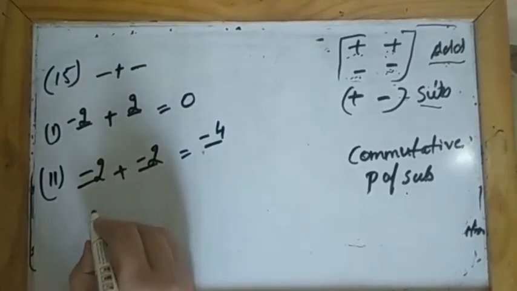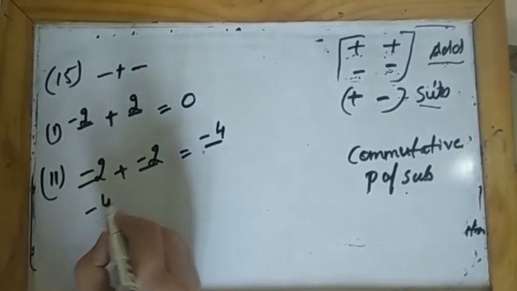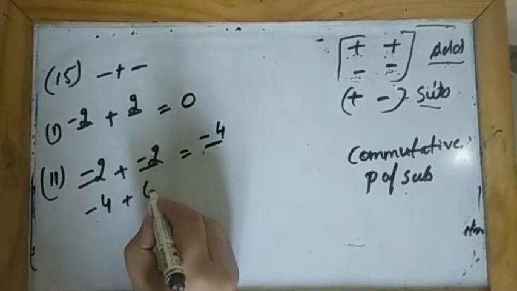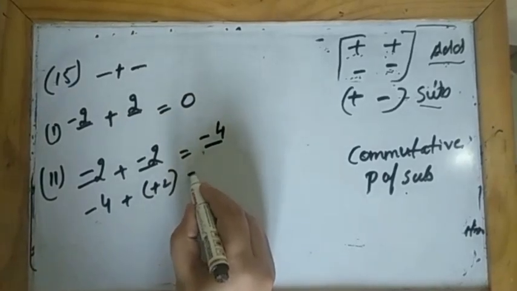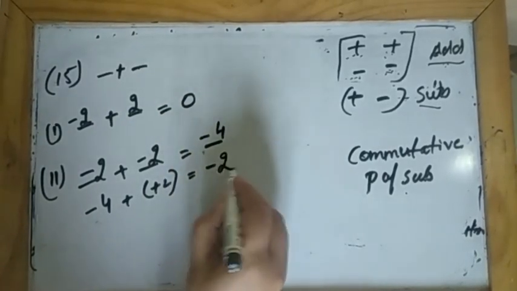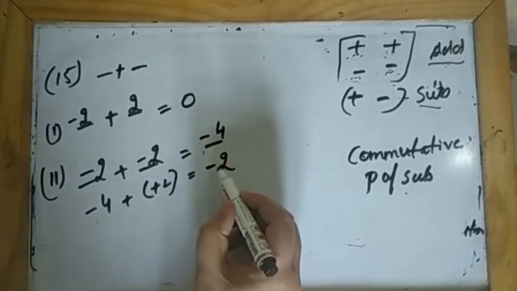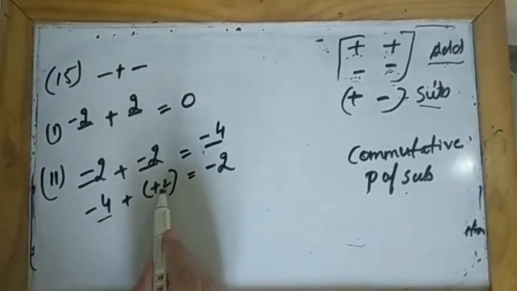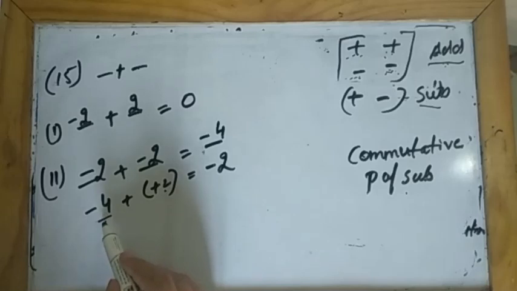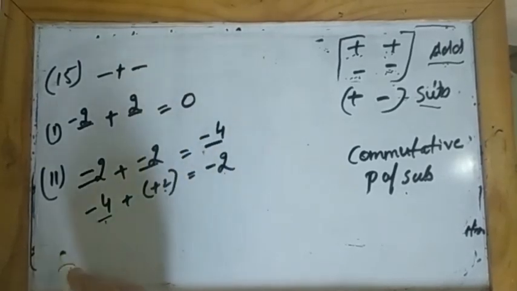Or if I add one positive and one negative, and the negative integer is bigger, your answer will be -2. So in both the cases I get the answer as negative, because here one is positive, one is negative, and the bigger number is negative, so my answer will be negative.